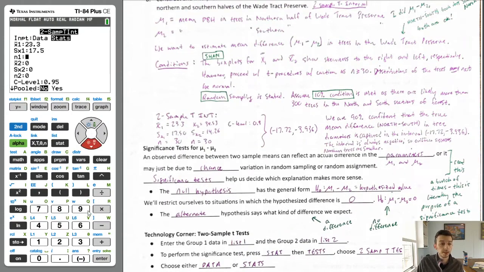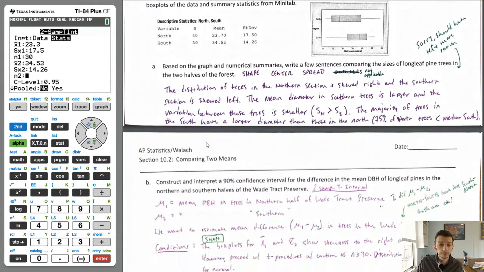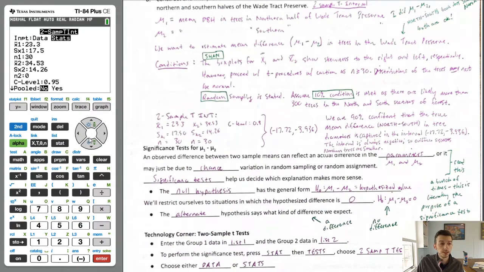My sample size, I have to make sure I state. They're going to use that to get the degrees of freedom. So sample 2, 34.53. My standard deviation, number 2, is 14.26. Hope I wrote these down right. Yep. And my second sample size is also 30.